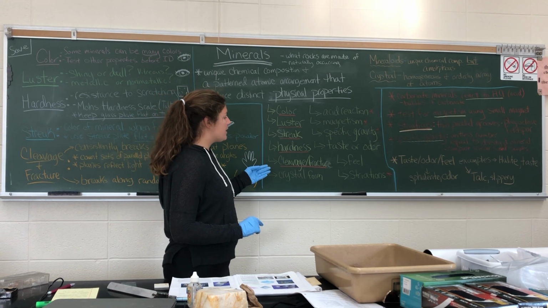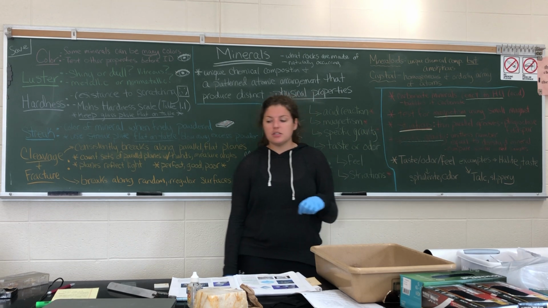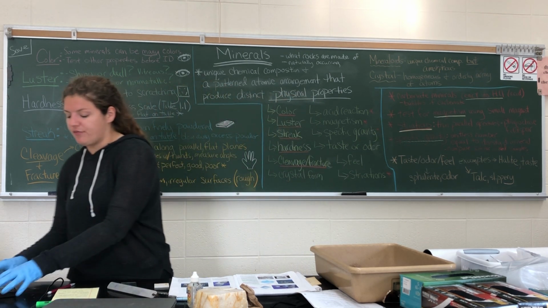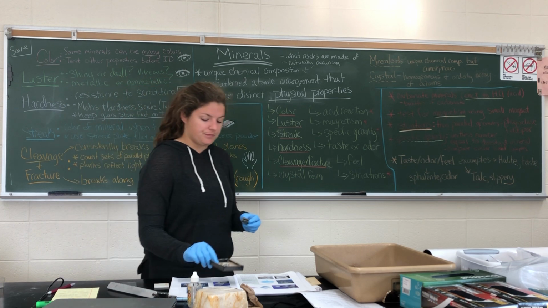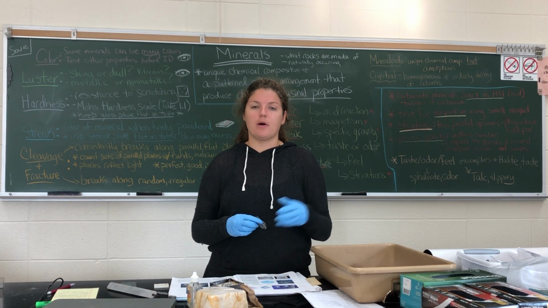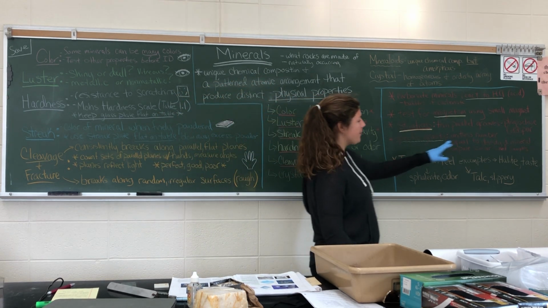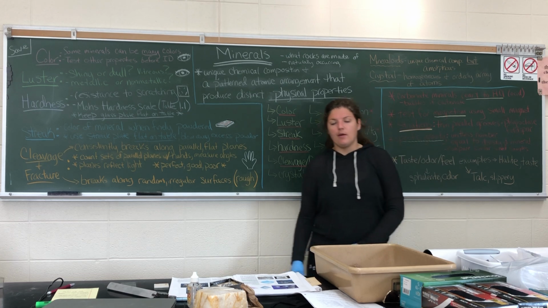Another very diagnostic physical property is striations. Striations are thin parallel grooves that form on plagioclase feldspar. And that's what we use to determine the difference between plagioclase feldspar and potassium feldspar. Again, that word is plagioclase.